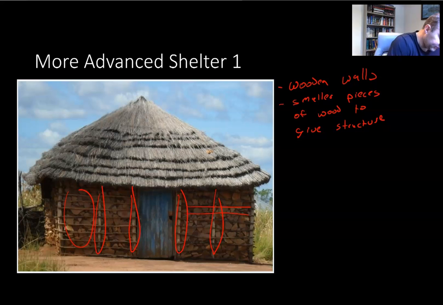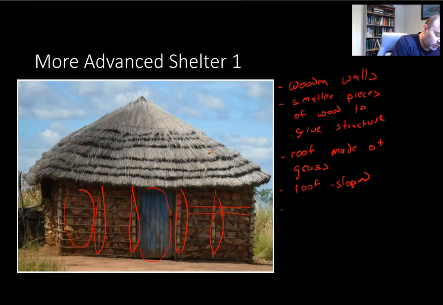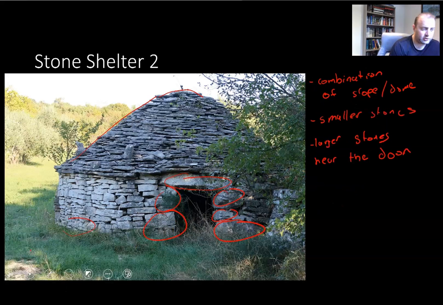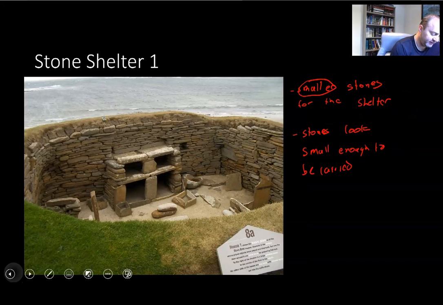Now, the door also looks to be made out of wood, but probably thinner wood. The roof is made of grass. And what we also notice is that the roof is sloped, but the walls are vertical. Now, this was actually something we saw in the previous, starting with stone structures. I didn't mention that, but notice that is a bit of a development here.